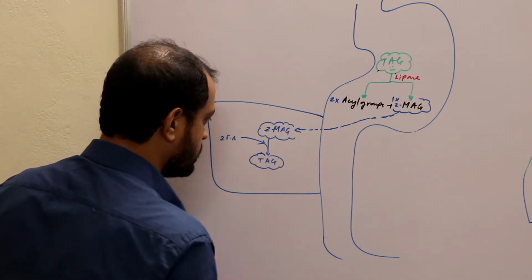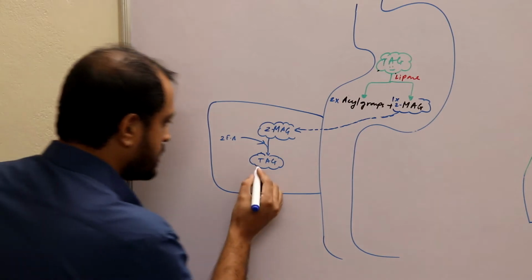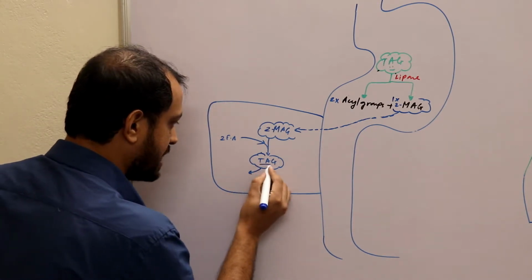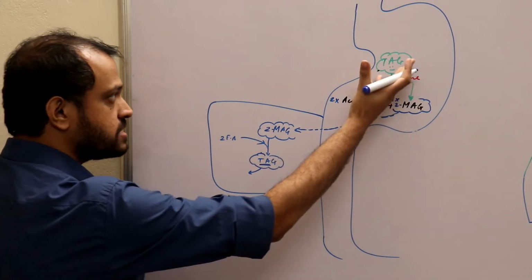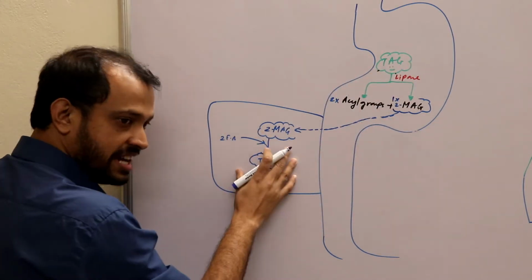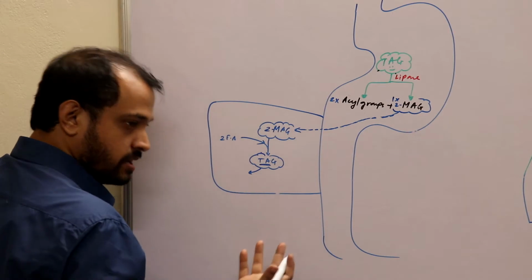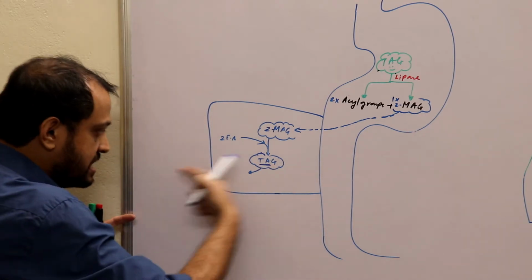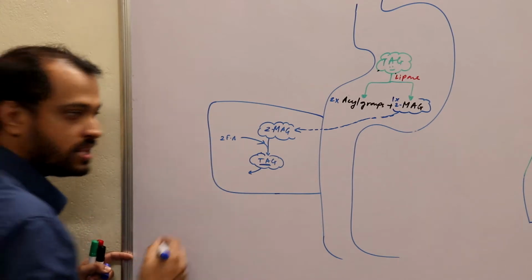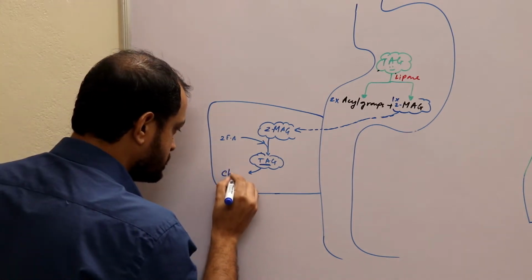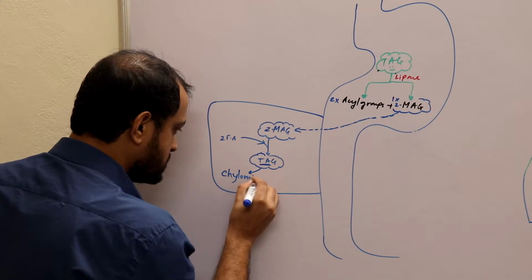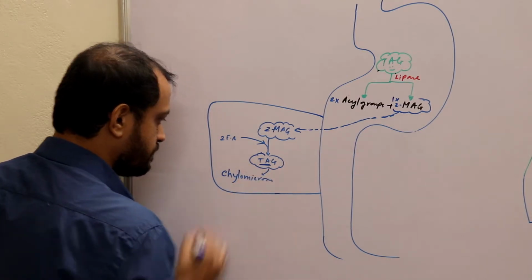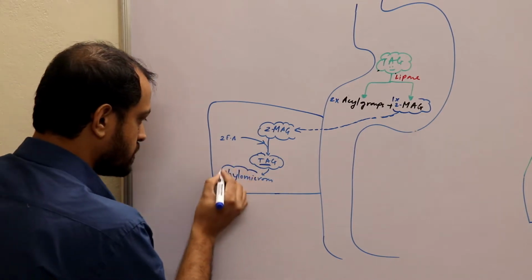There are many TAGs outside and therefore there will be many TAGs inside, and these triacylglycerols will form a structure which can easily diffuse through the cell membrane, known by the name of chylomicrons. I have already discussed this in great detail when I was discussing lipid absorption.